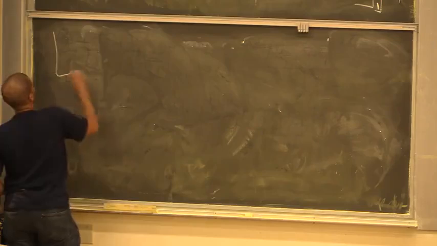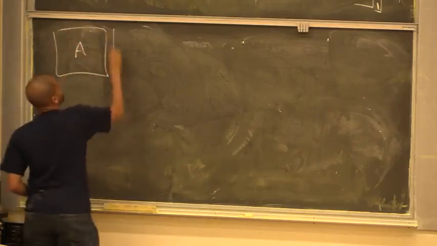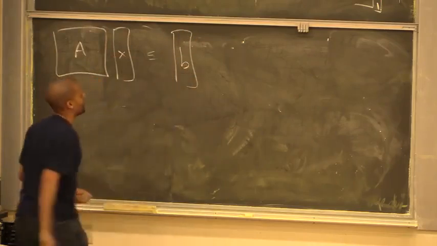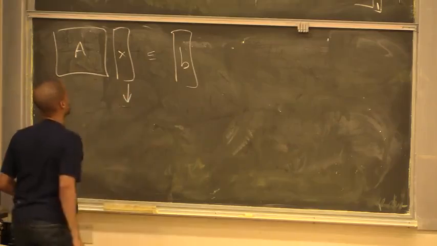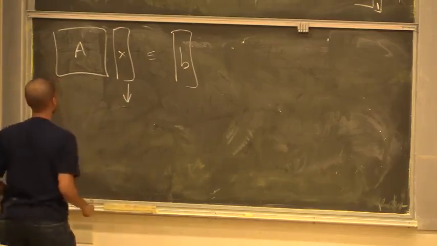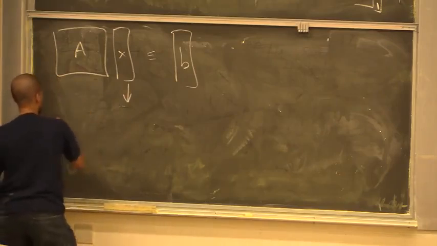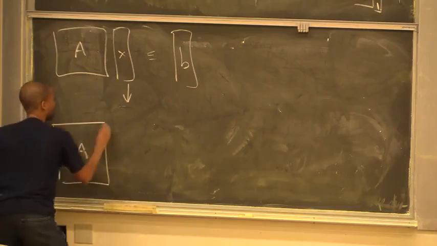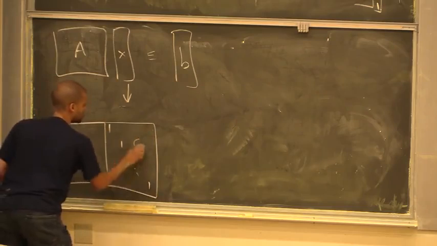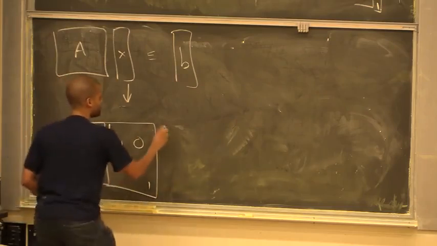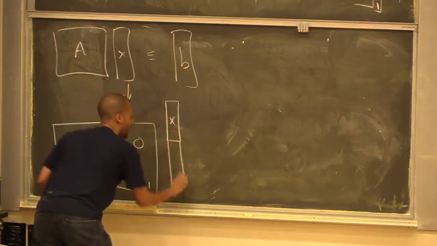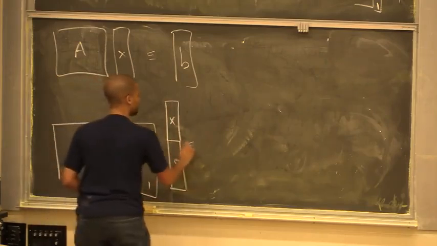So before I had a matrix A here times some vector x is at most b. And then I can transform that into the following thing. A, but here I'll tack on the identity matrix, 1, 1, 1, 1, 0, times x. And here I'll just tack on s, is at most b.